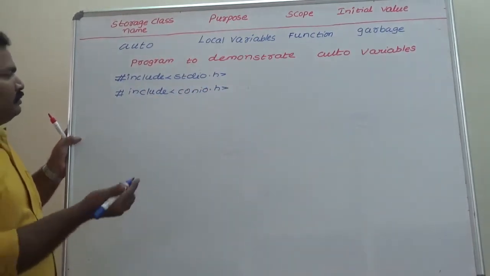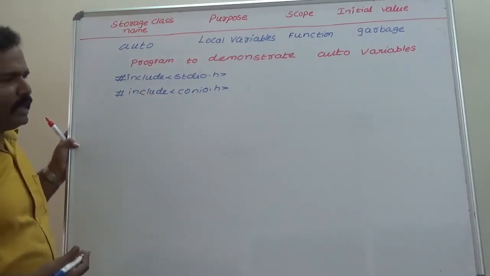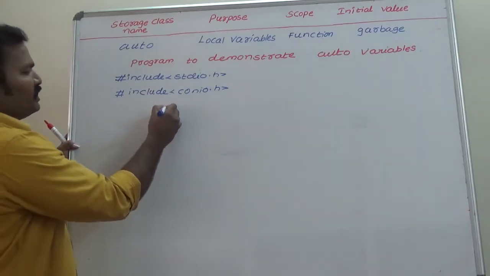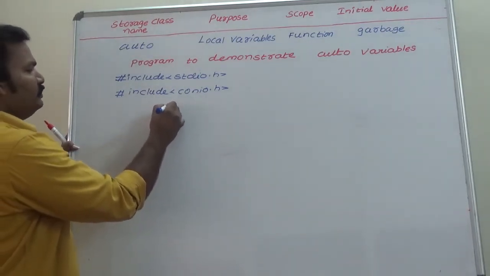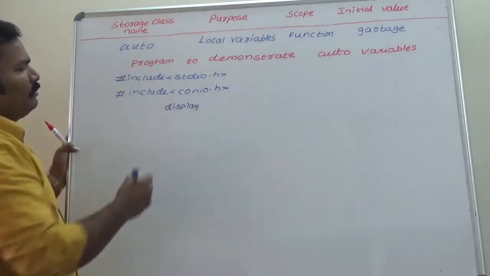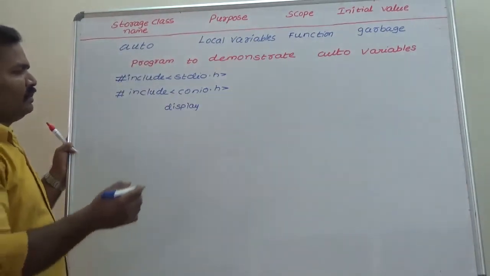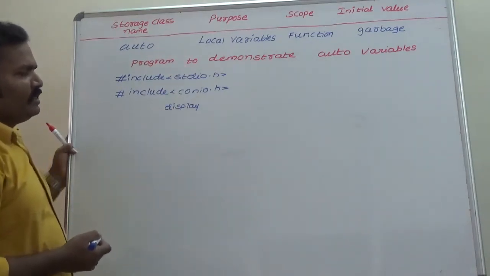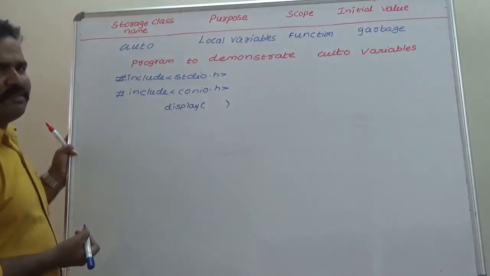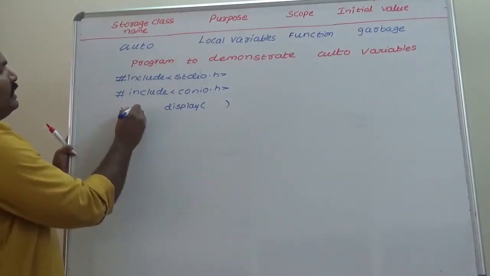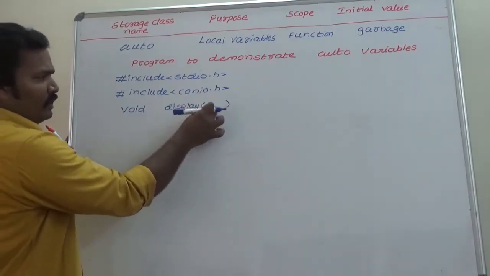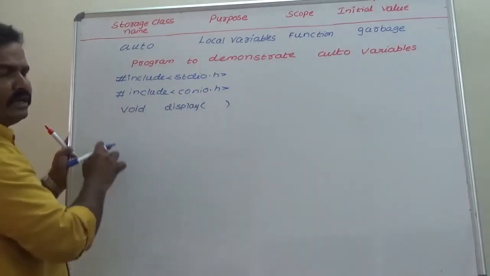In this program, I am declaring one function. My function name is display. Here the function name is display. This function cannot take any arguments from the calling function and cannot return any value to the calling function, so it is a function with no arguments and no return value.